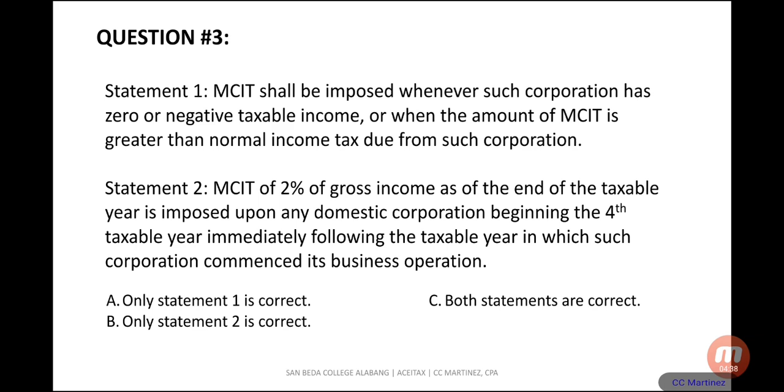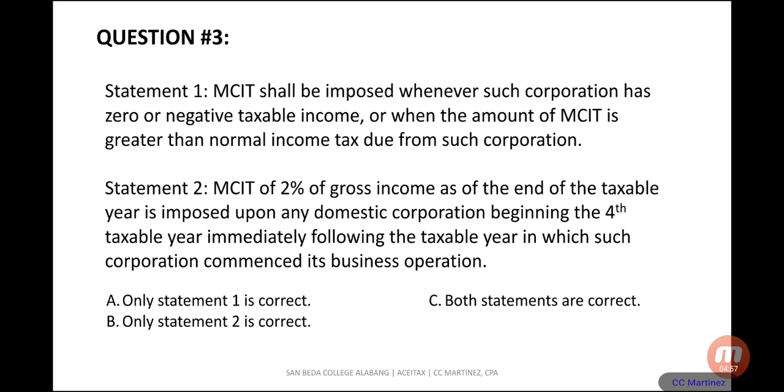So, statement 2 naman, MCIT of 2% of gross income as of the end of the taxable year is imposed upon any domestic corporation beginning the 4th taxable year immediately following the taxable year in which such corporation commenced its business operation.